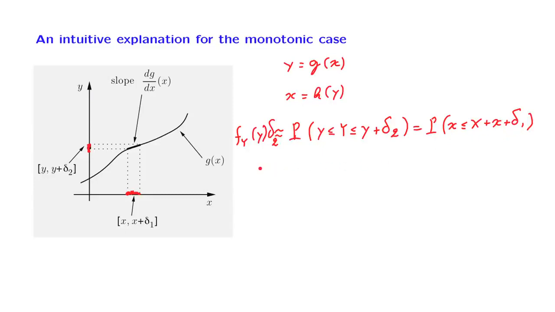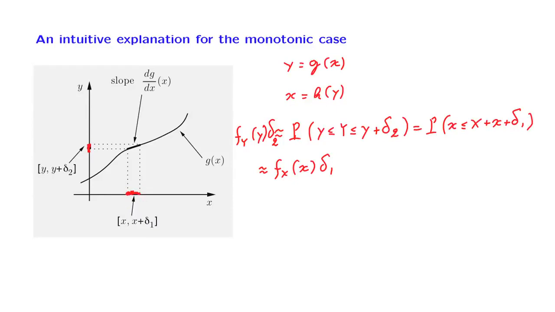Similarly, on the other side, the probability that x falls on that interval is the PDF of x times the length of that interval. So this gives us already a relation between the PDF of y and the PDF of x, but it involves those two numbers delta 1 and delta 2. How are these two numbers related?